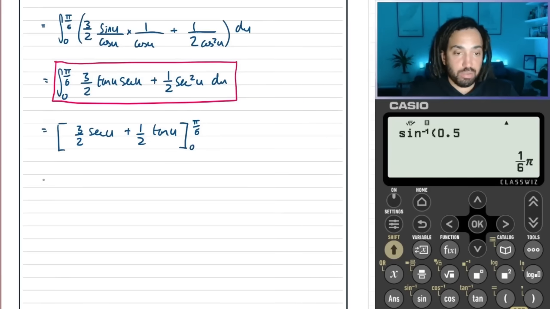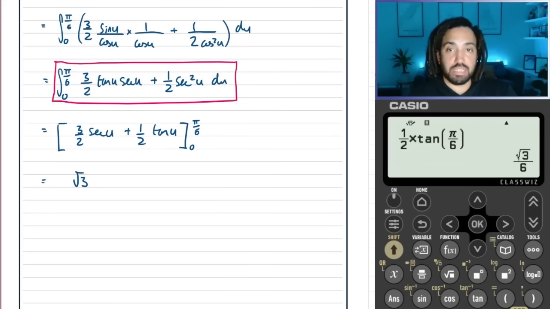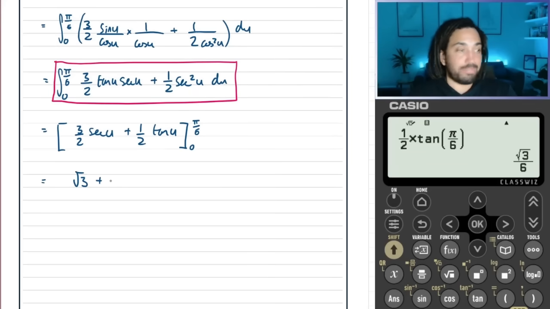Okay, so now we can substitute in the limits. So for the first one we get root 3, and then the next one goes into the calculator and we get this. Perfect.